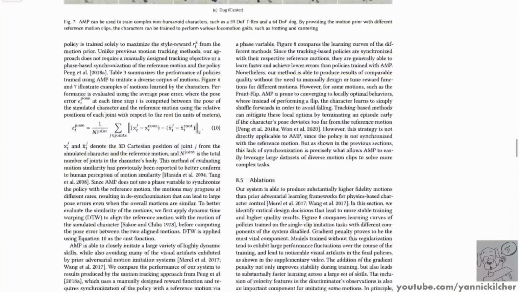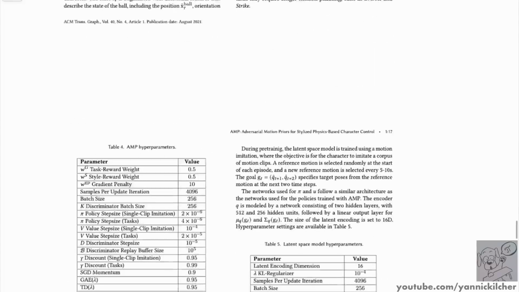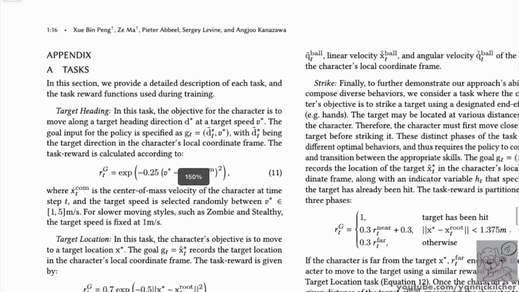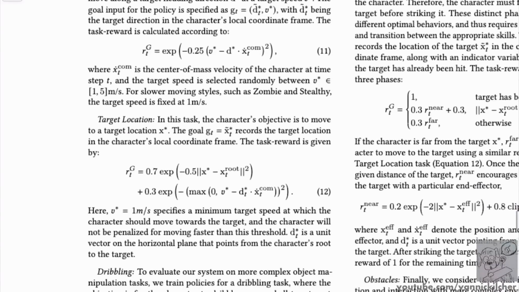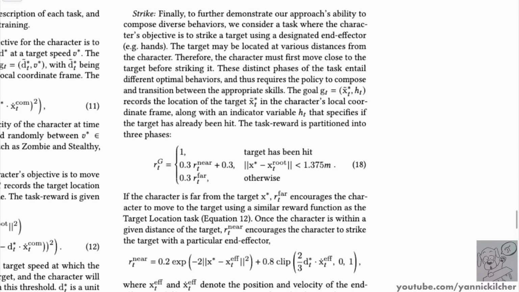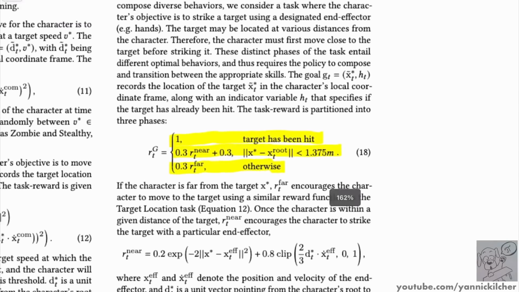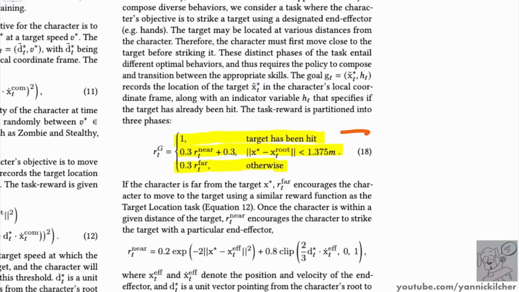So there is a lot of reward engineering happening right here, and that's what you find in the appendix. So the reward, for example, for going and punching something is threefold. So if you are far away, it's one reward. If you're close, it's a different reward. And if the target has been hit, it's a different reward, right? I guess the top line makes sense, but the others are sort of reward shaping the behavior you want.